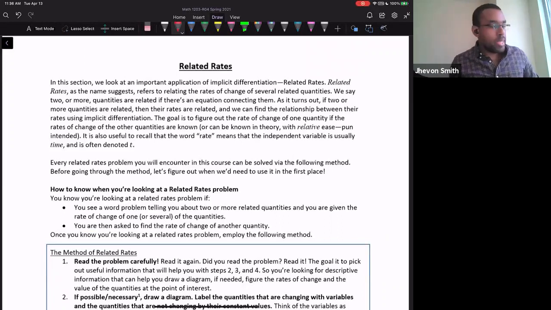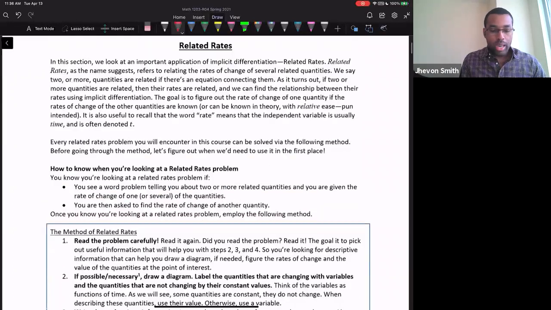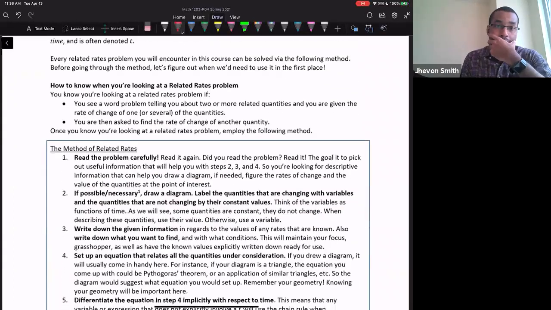If we think of time as the independent variable, we can differentiate any equation that relates a bunch of variables, and we can get an equation that relates their rates of change. And the idea is sometimes we know about the rates of change of some things, but not something else that we care about. And so we can use related rates to figure out the rate that we want to find. So related rates problems are one of the types of word problems that will come up in this class.